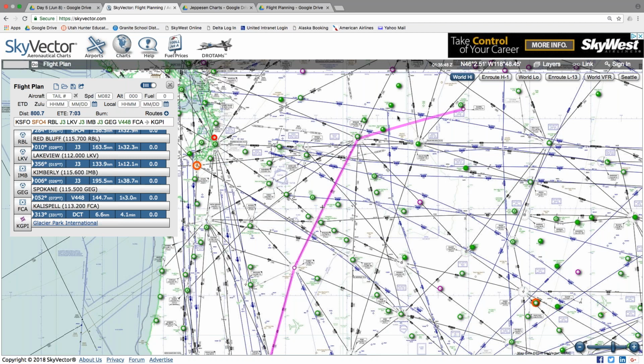So from GEG to top of descent, it's 41.4 miles. Now let's figure out how far it is from Kimberly to our top of descent.